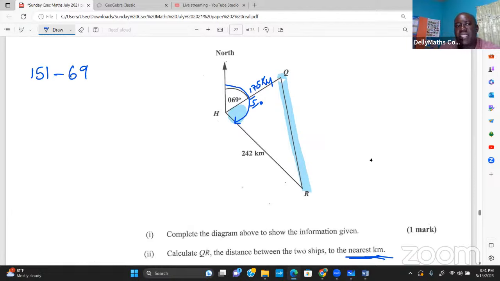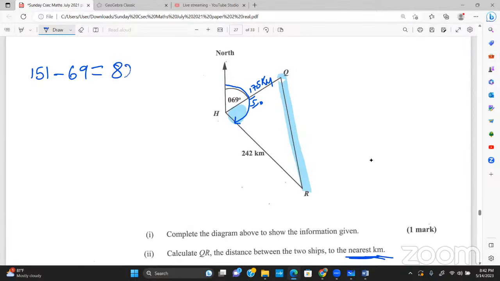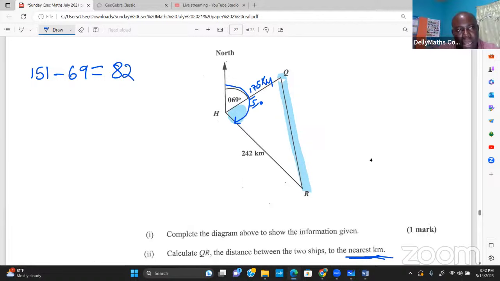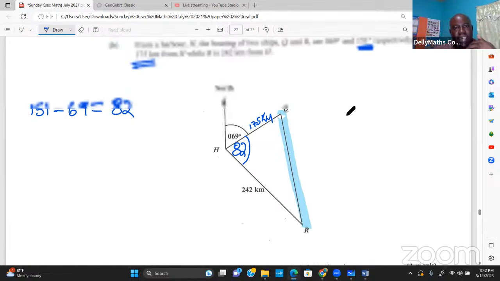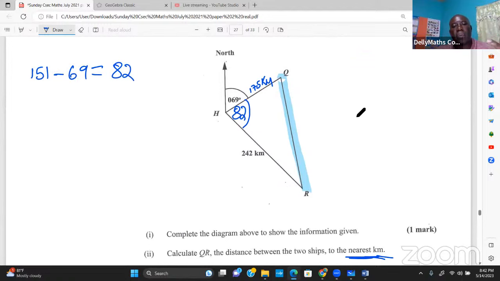So if you take out the 69 from it, we're going to get the angle right there: 151, take out that 69, you're going to get 82 degrees for that spot. So this angle here is 82. Now I can take that 82 degrees and solve the problem, because now I know everything in that corner.